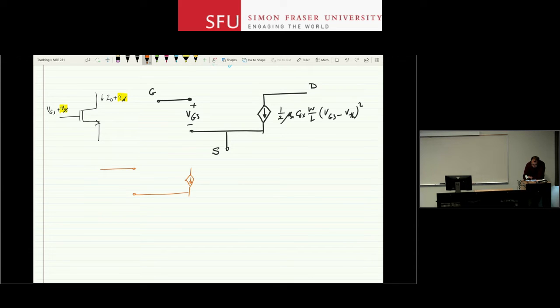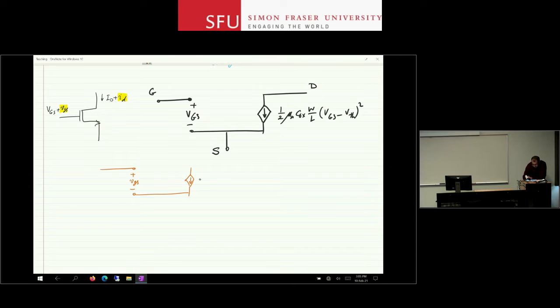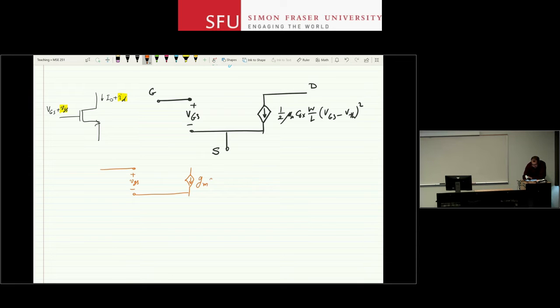At the input, for a BJT you had that diode that appeared as a resistor R pi in your small signal model. For a MOSFET, an open circuit shows up as an open circuit. And you will still get a GM VGS here for the current source, but the GM is, well, not what you calculated for a BJT.